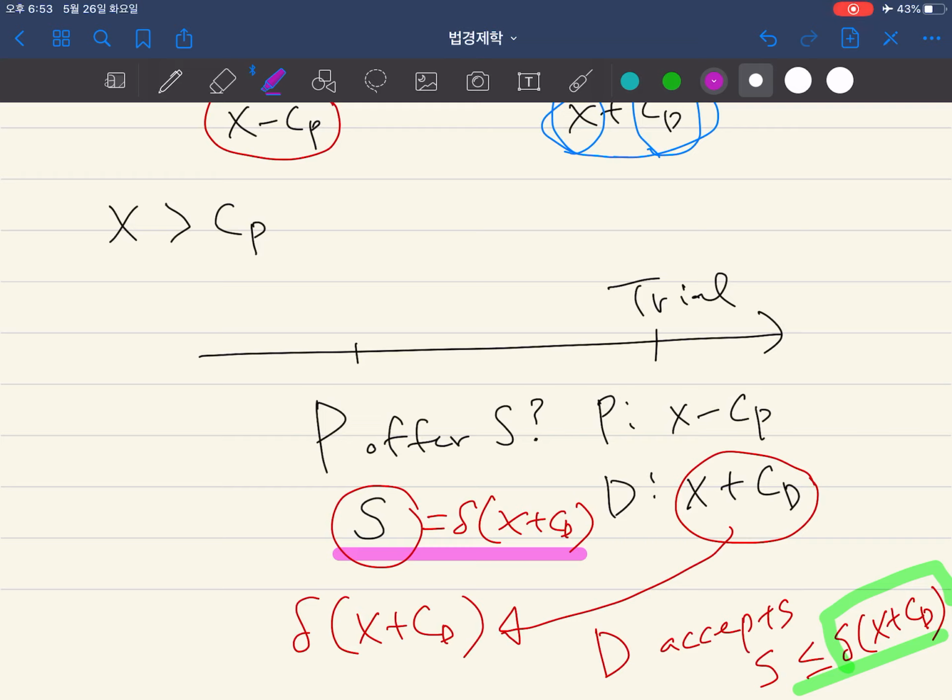Then defendant is gonna accept, because the settlement offer S is now exactly equal to the present value of trial payoff. So defendant is gonna accept. So they settle today and they don't go to trial tomorrow.